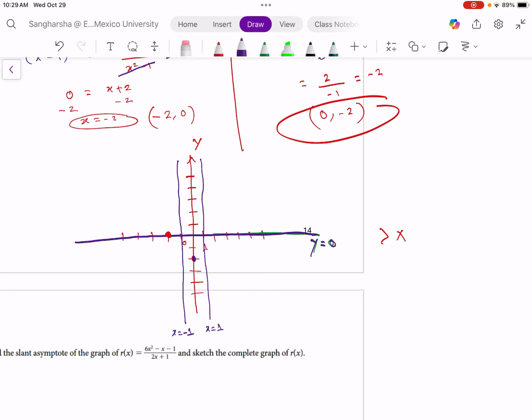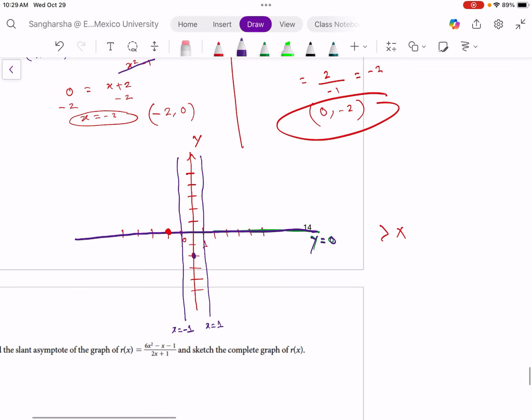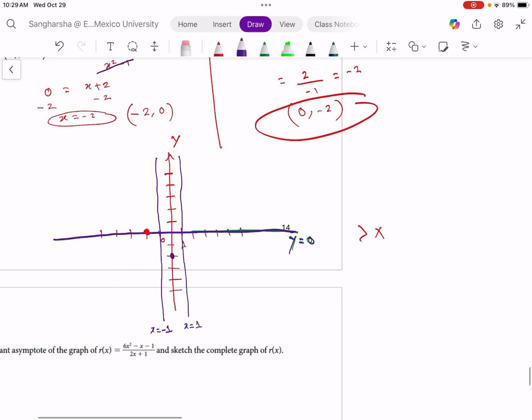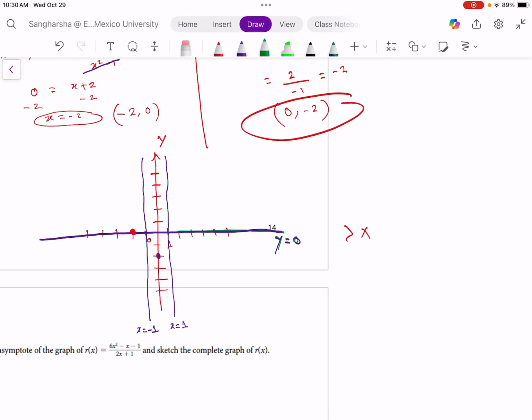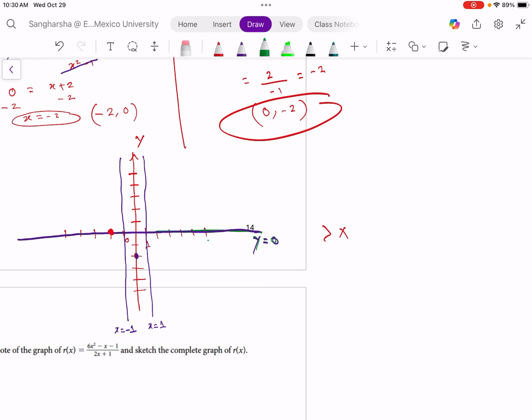Now let's find some more points. We need to draw a graph, so let's take some points, some points very close to a vertical asymptote. Let's make a table.